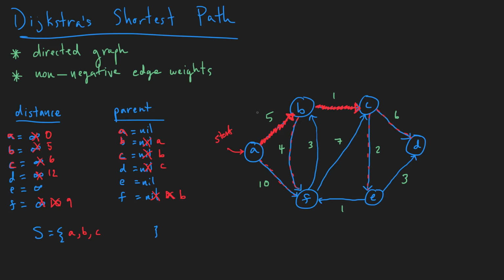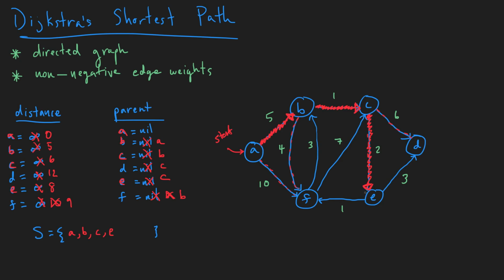And then for E, we have 5 plus 1 plus 2, which is 8. And now there's nothing left to check. So we grab the smallest value in here, which is E. E is up next, so E goes into here, and let's highlight this.